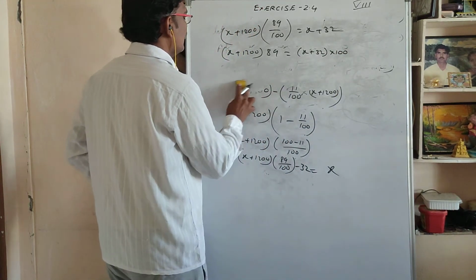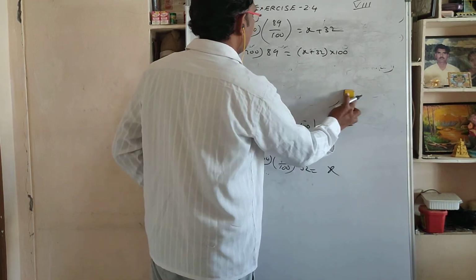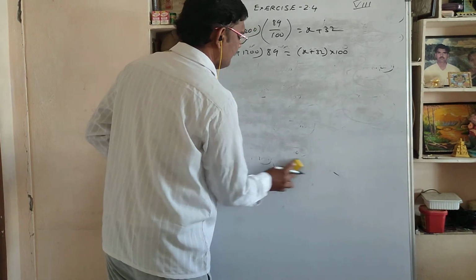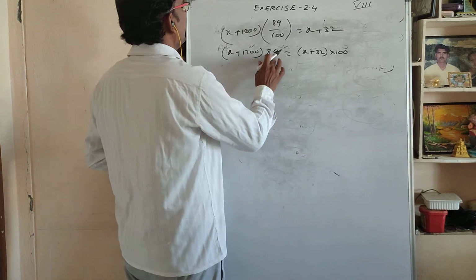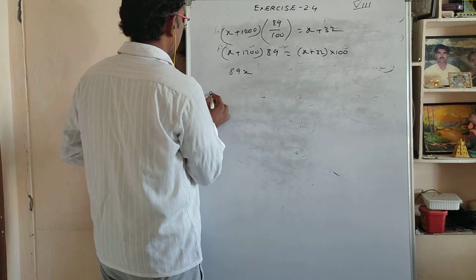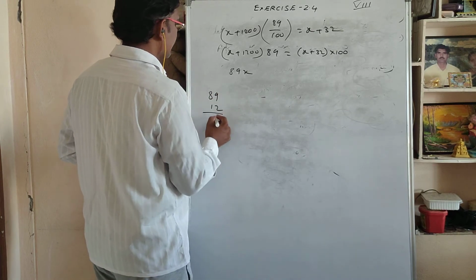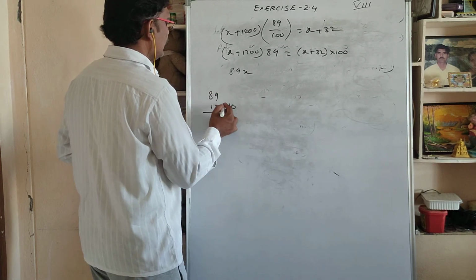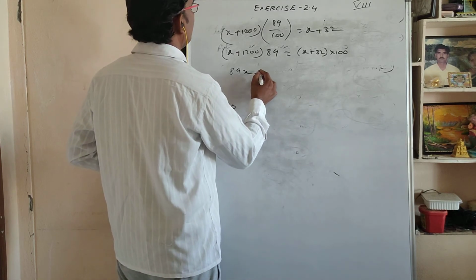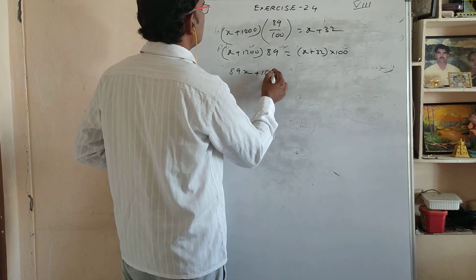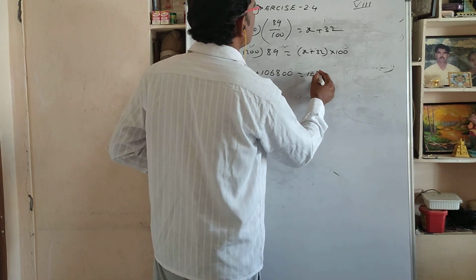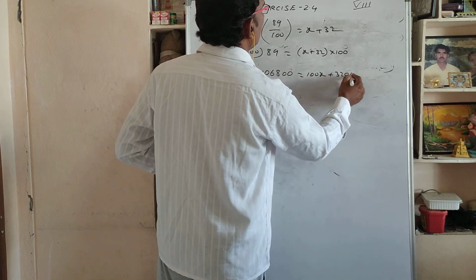Now I still should do the multiplication here. 89 into x is 89x. 89 into 12: 12 nines are 108, 12 eights are 96 plus 10, 106. So you are getting 106800. Here it is 100x plus 3200.